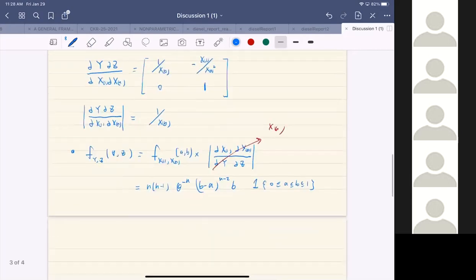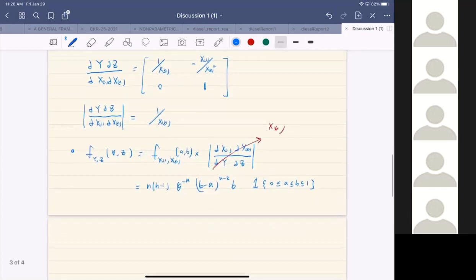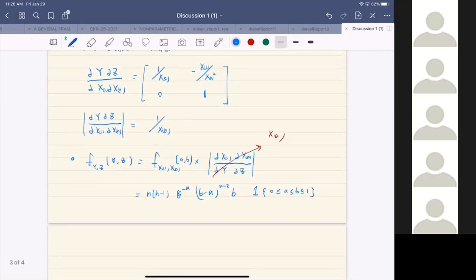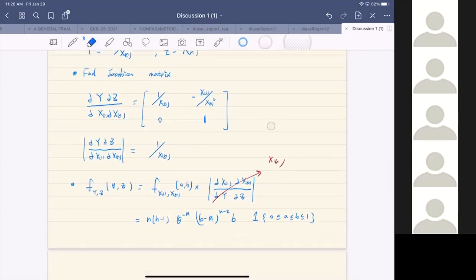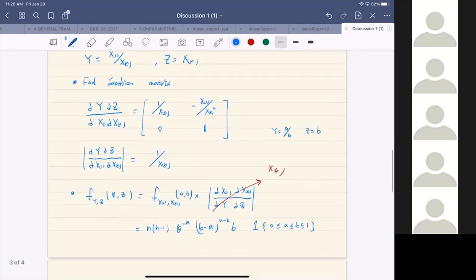But here we want to change a and b to y and z. So y is equal to a divided by b, and z is equal to b.